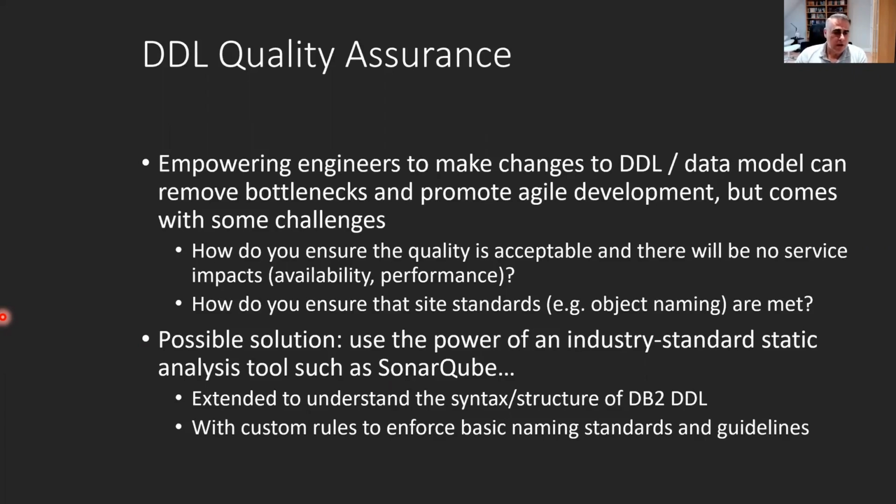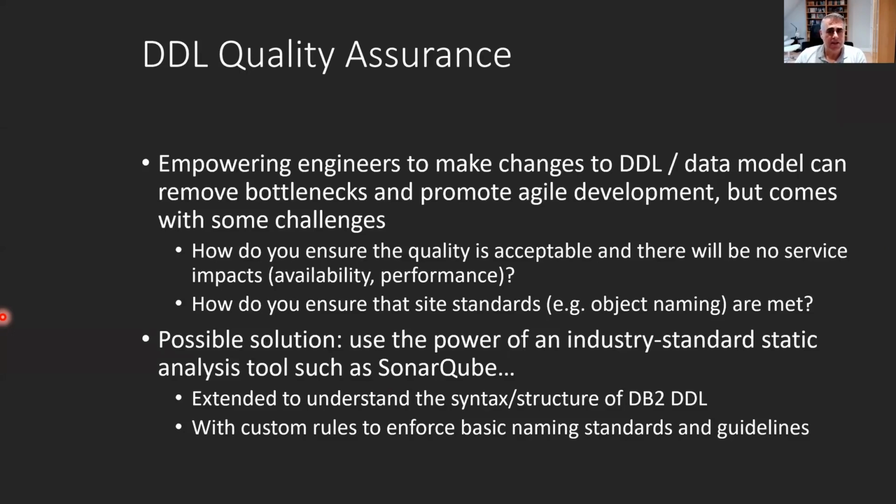But if we're empowering engineers and developers to make these changes, we need some way to make sure that we're keeping the quality levels up and we're not breaking naming standards, or creating issues in terms of poor schema changes being pushed through to the mainframe and potentially deployed to our environments.